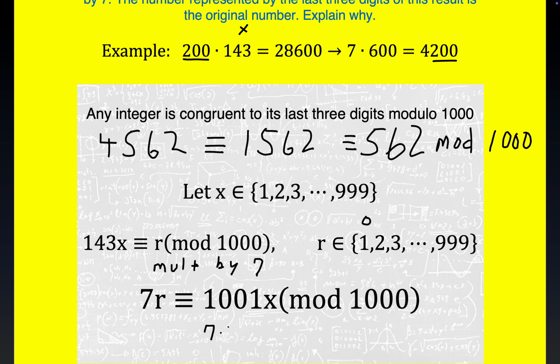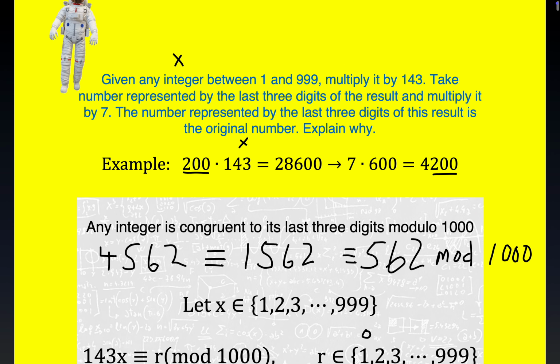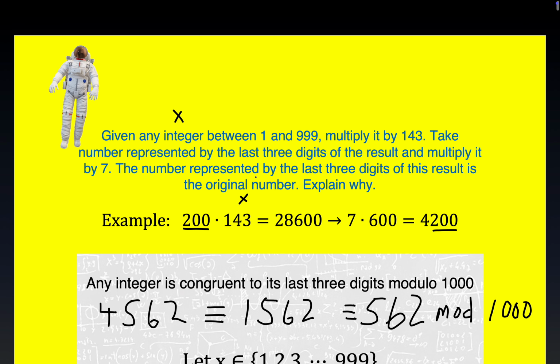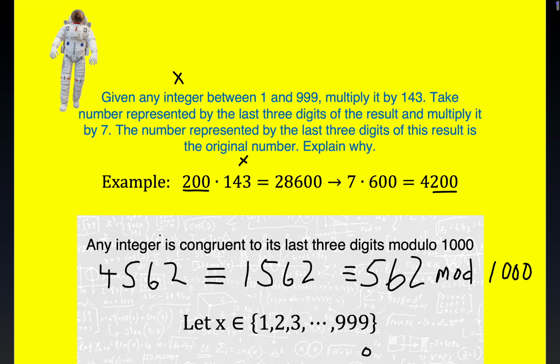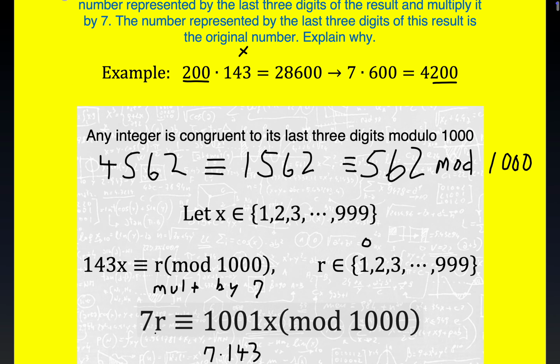That's the miracle number here for us, because this only leaves a remainder of 1, so it's effectively equal to 1 mod 1,000. So I multiplied this congruence by 7 and you get 7r, and we were supposed to multiply the last three digits by 7, which is exactly what this is.